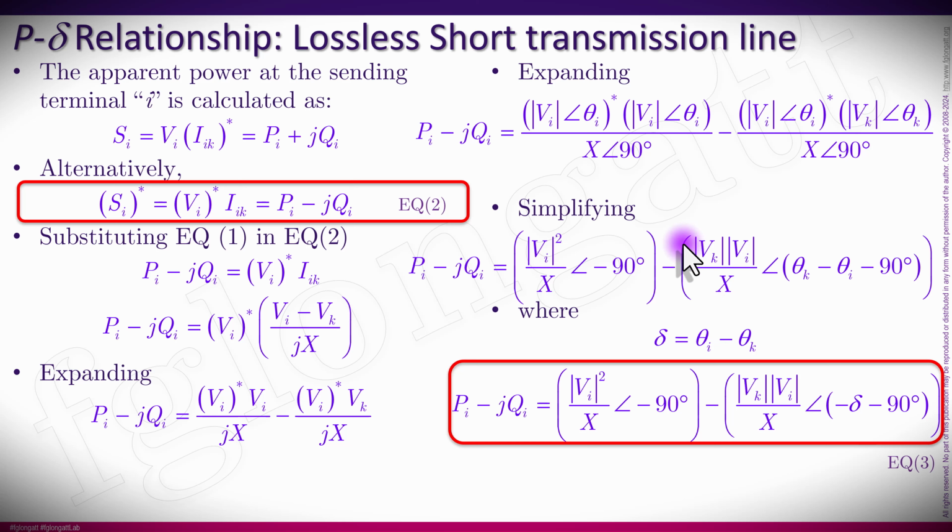We are doing the same here, again applying properties of complex numbers in polar representation, and we arrive at this beautiful equation on the bottom right. This is basically the complex power, or the apparent power, and these two terms on the right-hand side are complex quantities.